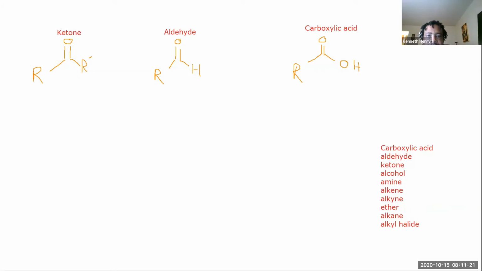To the R. Does that mean it's double bonded to the combination of them? No, it means it's double bonded to the carbon. R means any hydrocarbon. This is a double bond and this is understood to be a C, right?